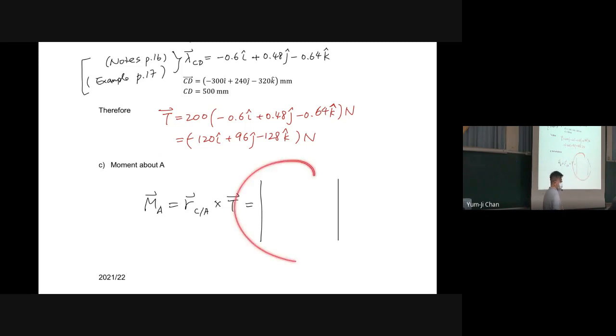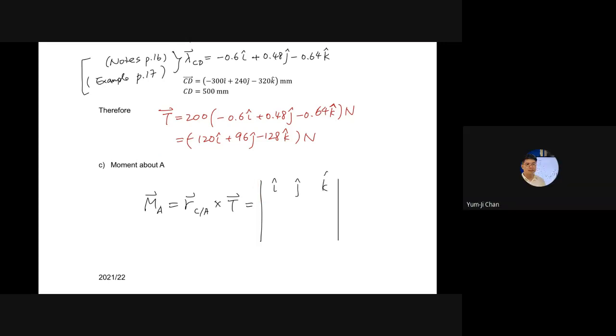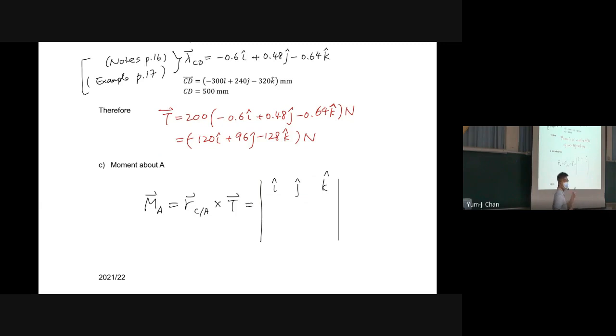And what should we write in the first row? i, j, k, very good. And then the second row, what should we write? R_x, R_y, and R_z. So we have 300 and 0 and 80. This is our moment arm. Now the third row, the bottom row. In the bottom row, we fill in the forces.